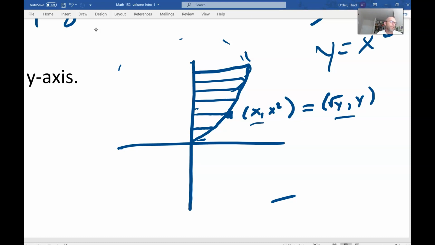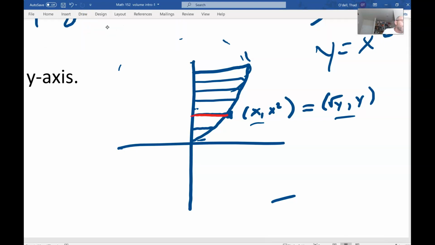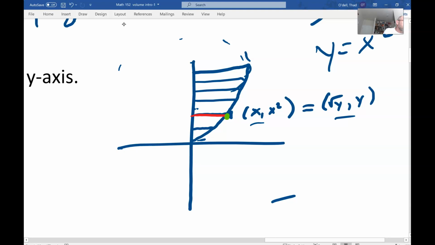Now, why do I care about that? Well, because the points on the curve give me a certain distance. This distance right here is the x coordinate, and that distance right there is the y coordinate. So if I care about those distances, all I need to know is what the coordinate of that point is.